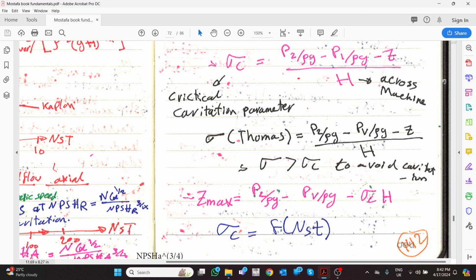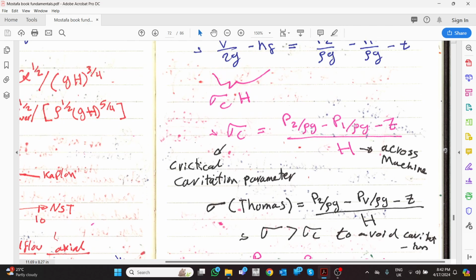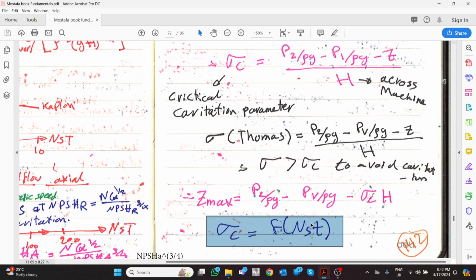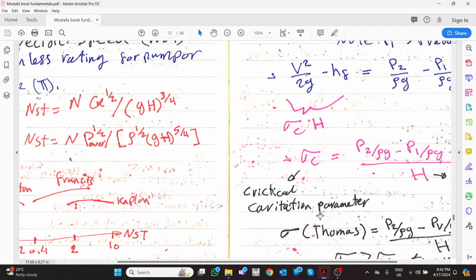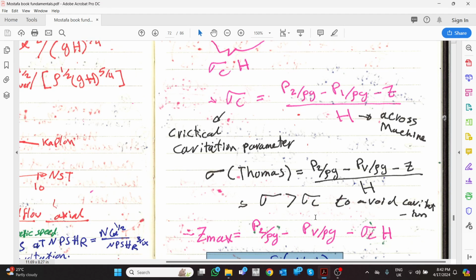Why are we trying to get sigma and sigma C? Because of this. Sigma C is a parameter for the pump, B1 and B2, and it is a function of NST. NST is the specific speed for the turbine.